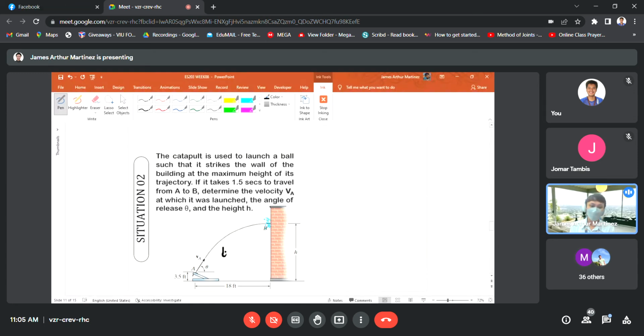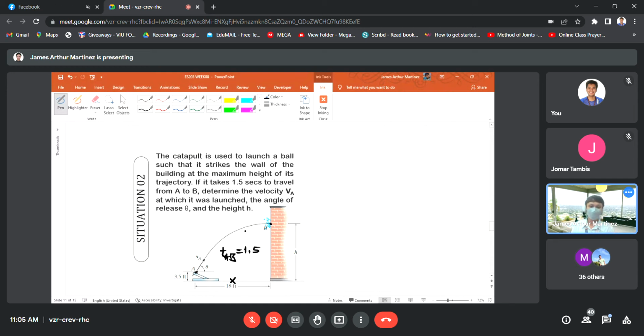From point A to point B, it took 1.5 seconds, so the time of your trajectory is given. And we have the horizontal distance of your projectile motion, from the initial position at point A to the final position at point B, and it is equal to 18 feet. Meaning, in our equation, 18 is the variable x.